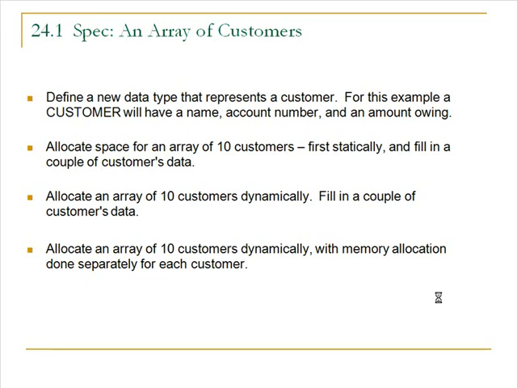So we will revisit this slide as we go through it. I don't expect you to remember all of these. In fact, I don't expect me to remember all of these.